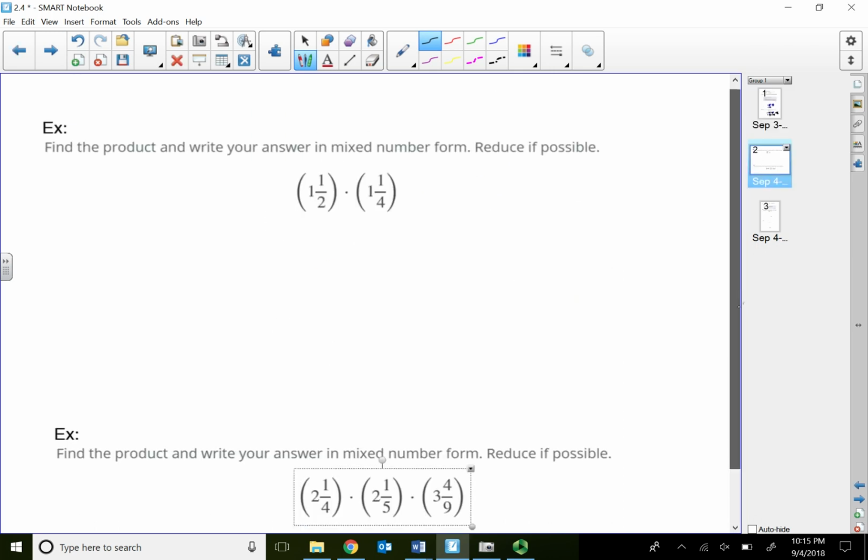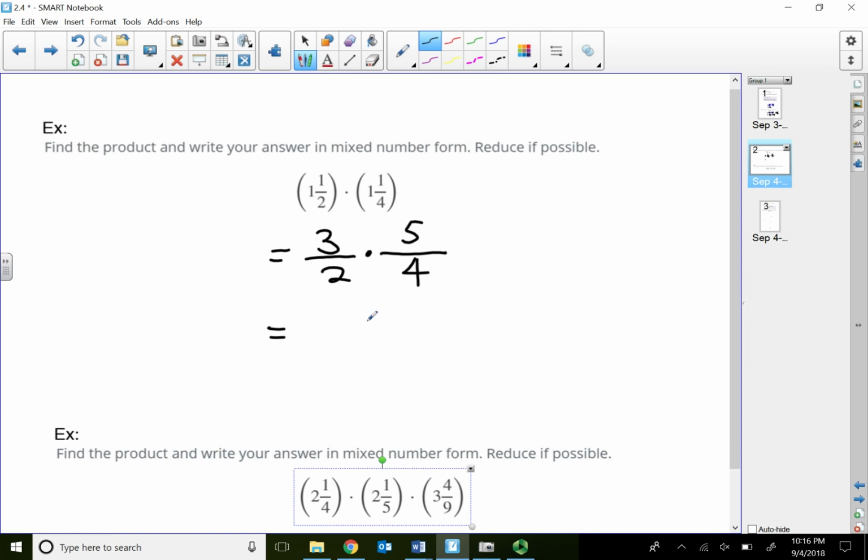All right, let's take a look at another one: 1 and 1/2 times a mixed number. Convert into improper fractions. 1 and 1/2 is 3 over 2, times 4 times 1 plus 1 is 5 over 4. The 3 and 5 on top cannot reduce with the 2 and 4 in the bottom.